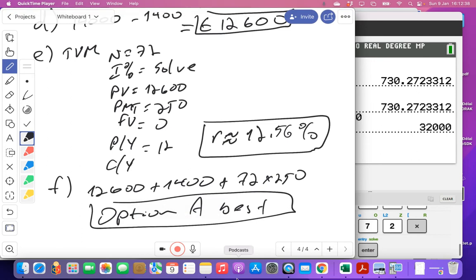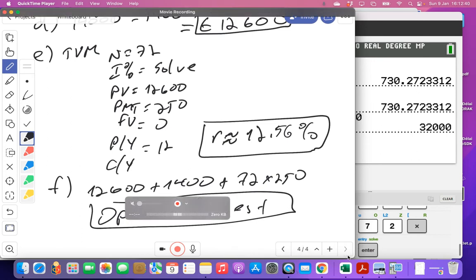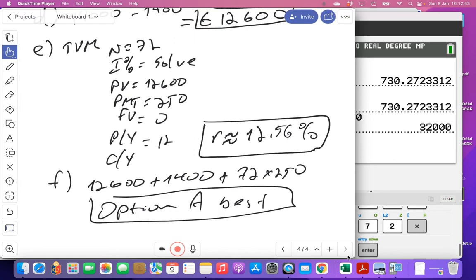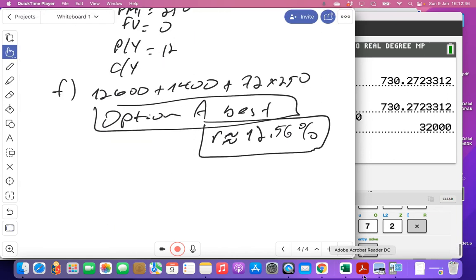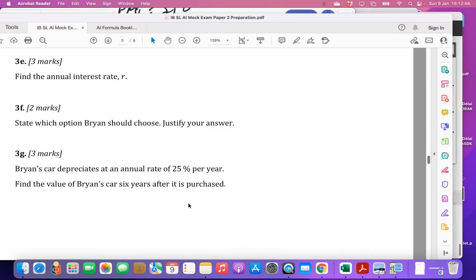All right, and then finally, we got a depreciation question here to answer. You drive the car out a lot, it depreciates 25%. As soon as you get out of there, it's going to depreciate 25% every year. So 100% minus 25% is 75%.